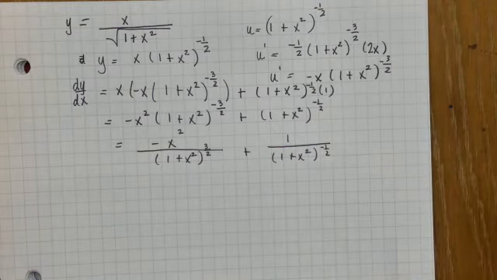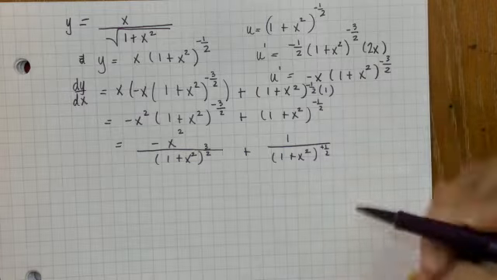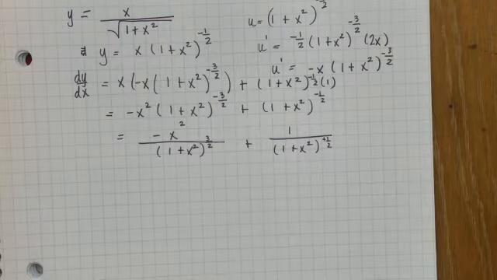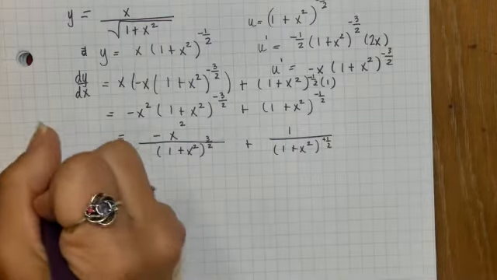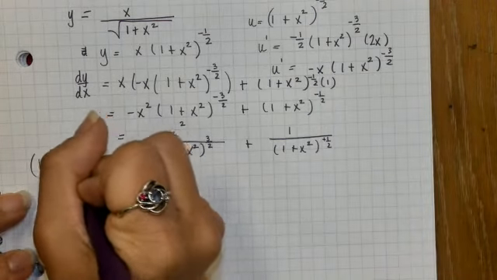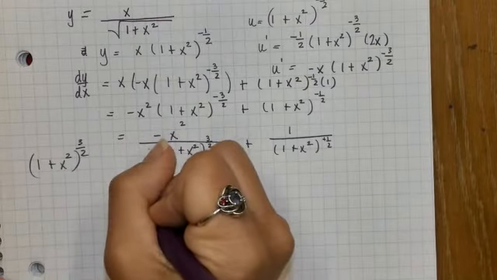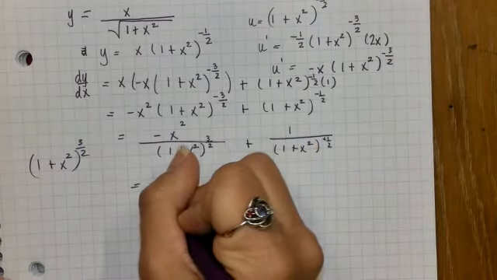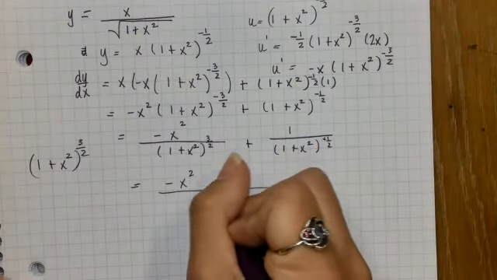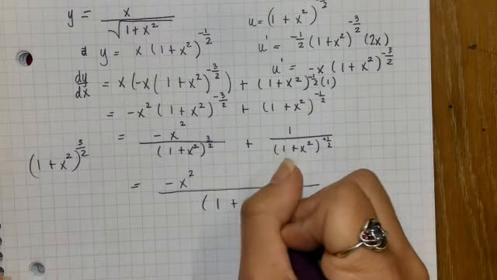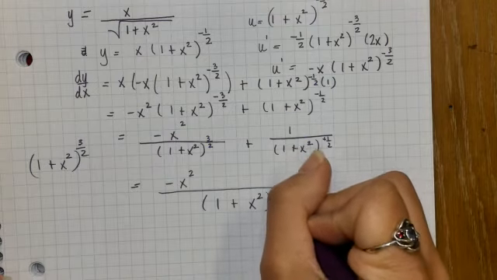My common denominator is going to be 1 plus x squared to the 3/2. So this is going to be negative x squared over 1 plus x squared to the 3/2.